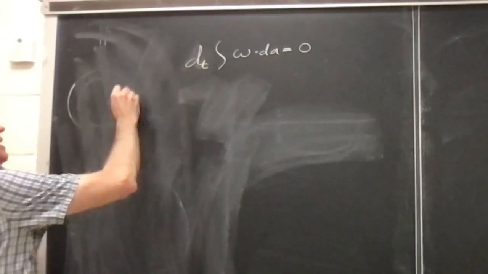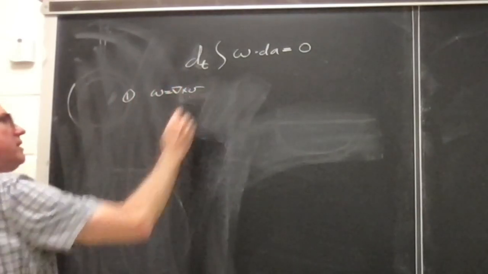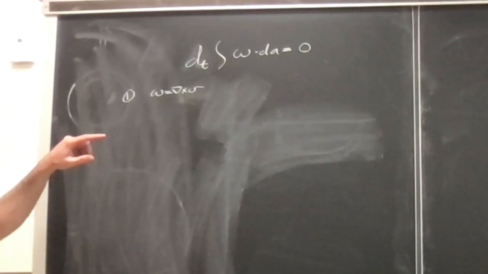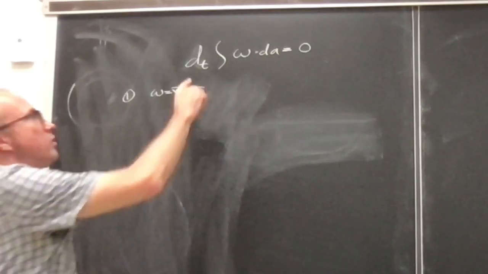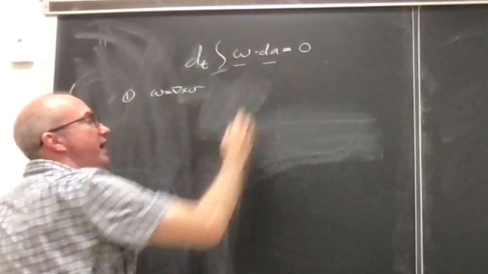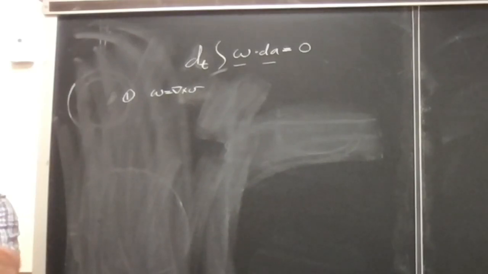The first way, we're going to use that omega equals curl of v, and in the other way we're not. The important thing is that when I do this derivative, both the quantity and the thing that I'm integrating over are going to move in time. So dA, which is my little element of vorticity, is going to move with time.